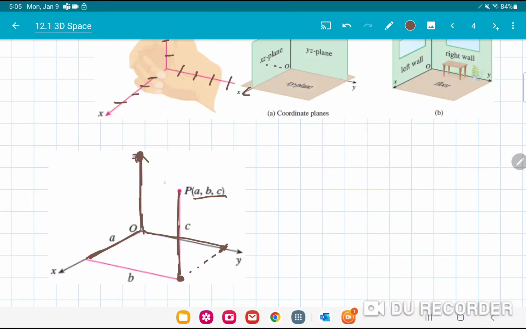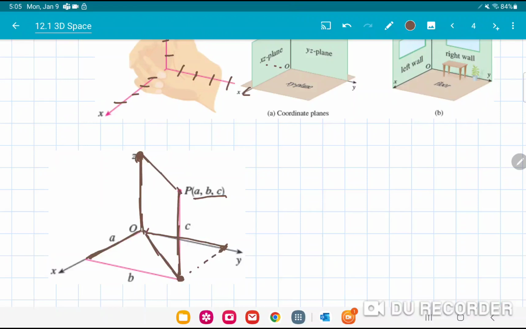Okay, so if I were to draw that, then I make a rectangle, because this is perpendicular. It's our perspective that doesn't make it look like a perpendicular plane, box or rectangle.